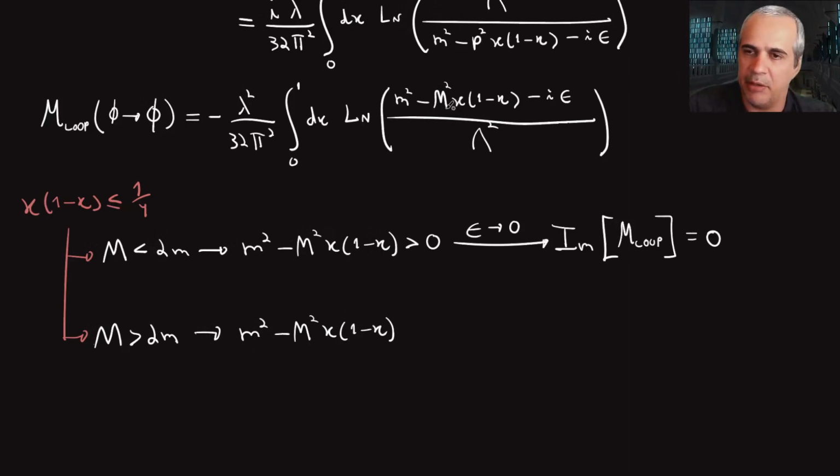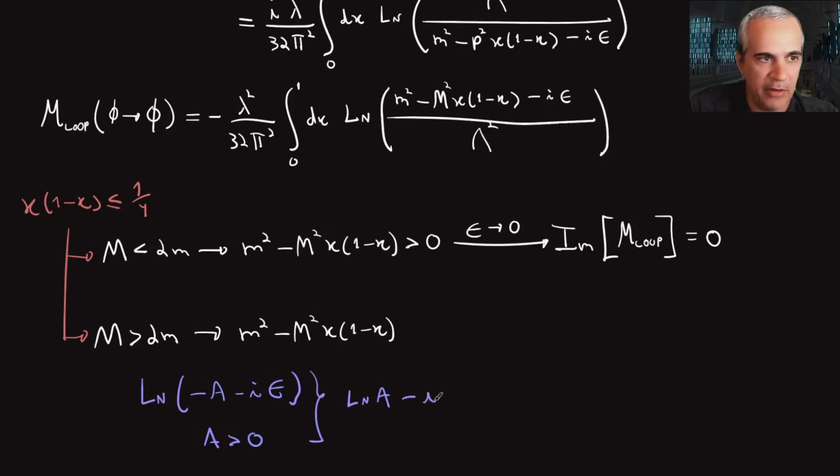I hit a branch cut in the logarithm, and I have to be careful. What I can do is use a well-known expression, that the log of minus a minus i epsilon, where a is positive, is given by the log of a minus i pi. Notice I'm only really interested in the imaginary part of this now. So that will simplify my life a lot.